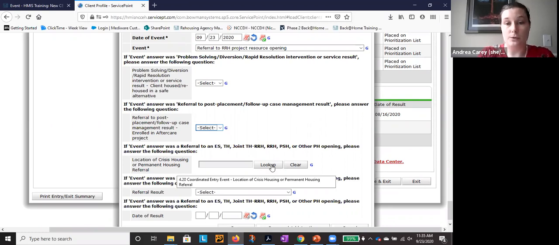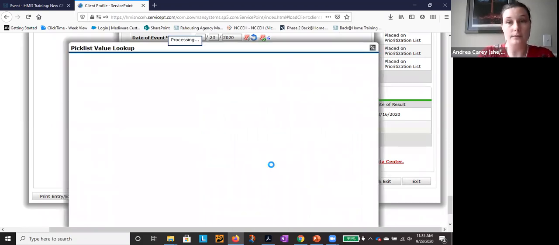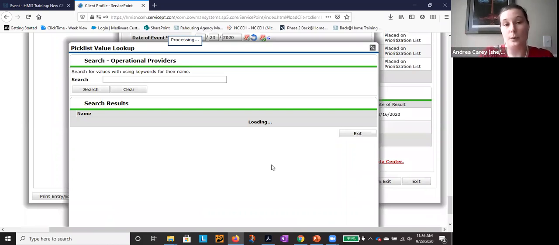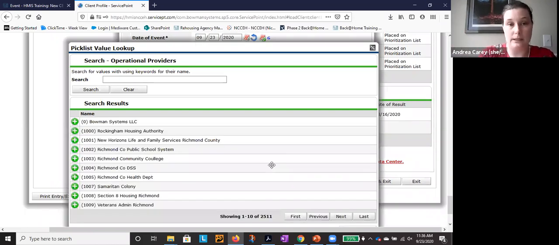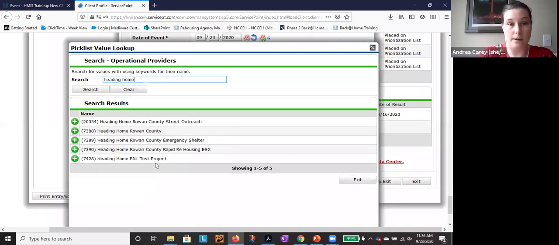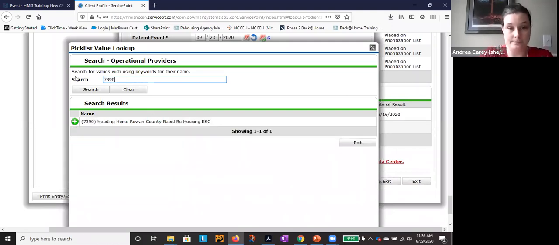So this is a lookup tool. We're going to look up that project. And so what appears is a pop-up with some search capabilities for operational providers. Here we can search by name, right? By agency name, that'll pop up. You can also search by provider ID. There we are.